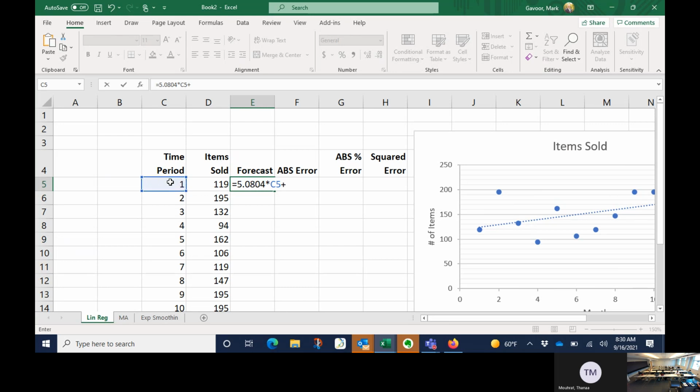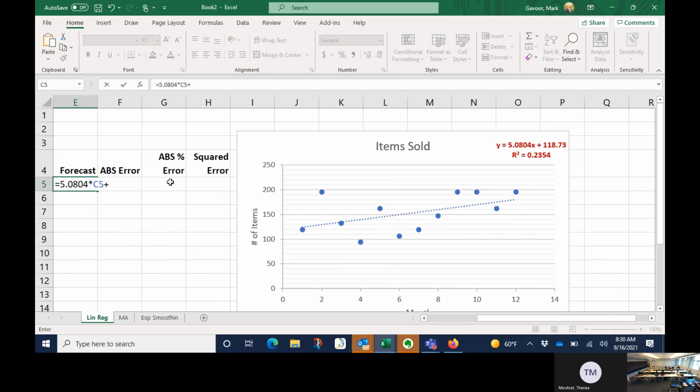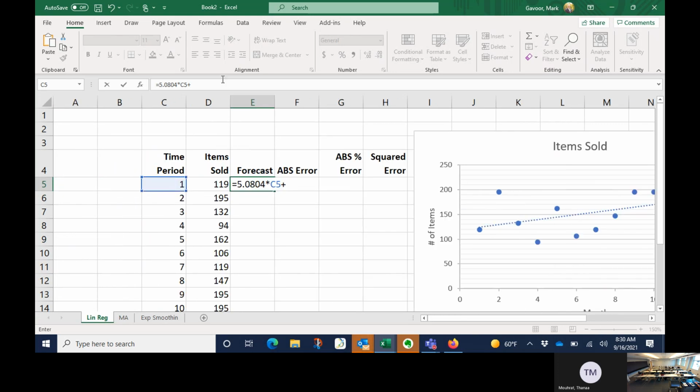I write plus again. And now I've got to write the y-intercept, which is 118.73. And I hit enter, and it gives me an estimate. I don't want an estimate with so many decimal places, so I'm going to reduce the decimal places to 1.